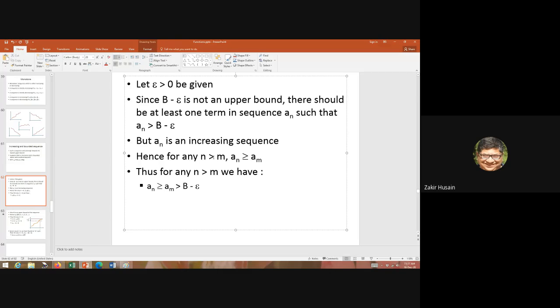So for any n greater than m, an is greater than or equal to am. Remember, an was defined as greater than b minus epsilon. We will have an greater than or equal to am, greater than b minus epsilon.